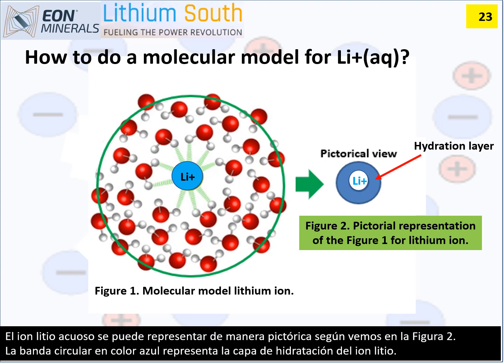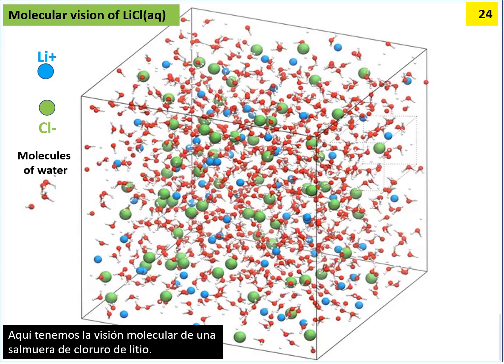The aqueous lithium ion can be represented pictorially as we see in figure 2. The circular band in blue color represents the hydration shell of the lithium ion. Here we have the molecular view of a lithium chloride brine.